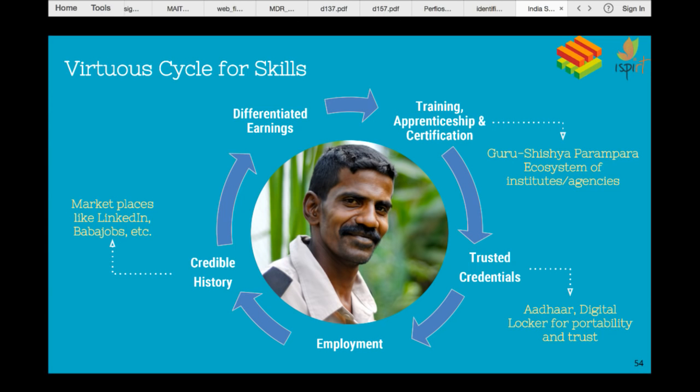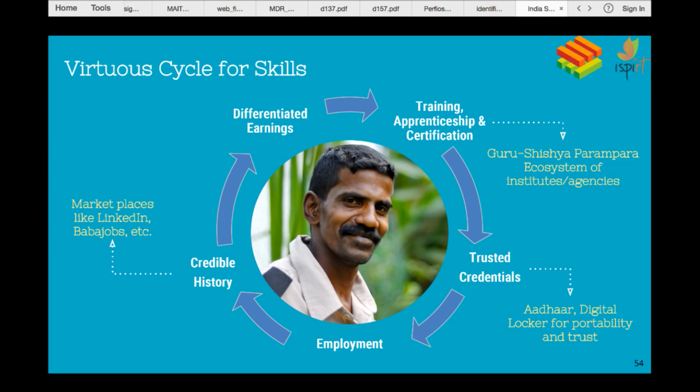This leads to a lack of mobility. Now, we believe that if their training, employment, and earnings history were all traceable through documents in a way that could be trusted, that would increase our valuation of these, and hence people would start to see differentiated earnings.